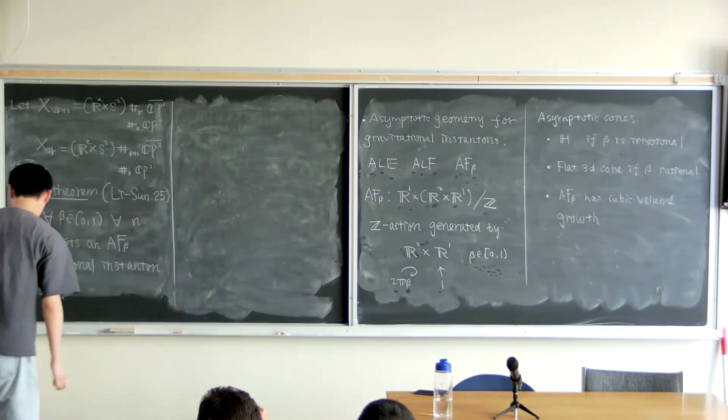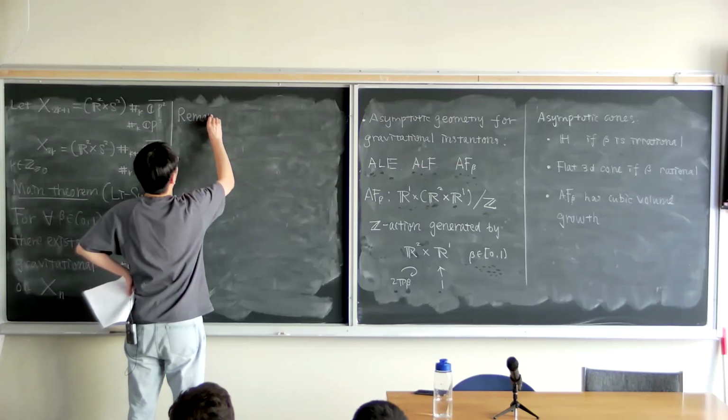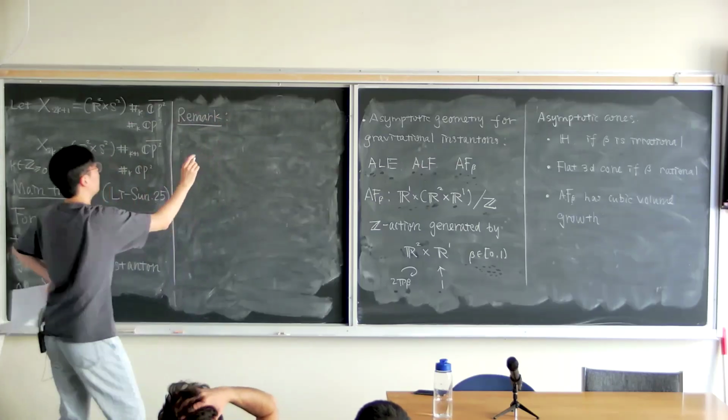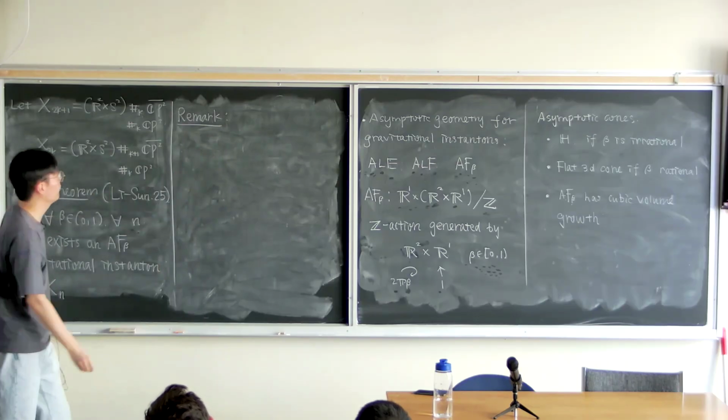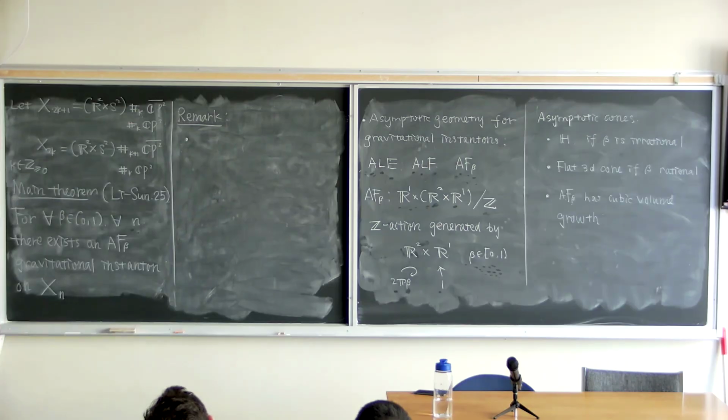So there are some remarks. The first remark is for the people who are familiar with general relativity. If you are familiar with general relativity, you will know that there's a Kerr black hole, and there's a Riemannian analog of that. That's called the Euclidean Kerr metric.